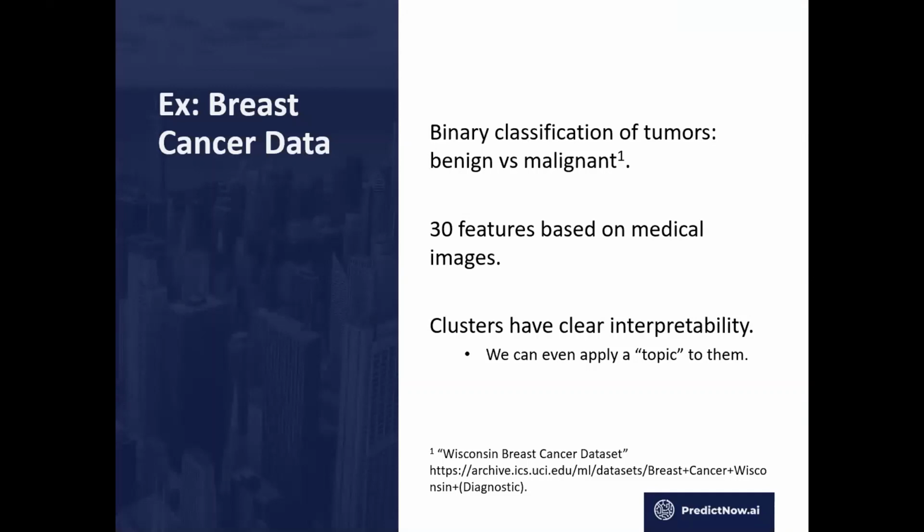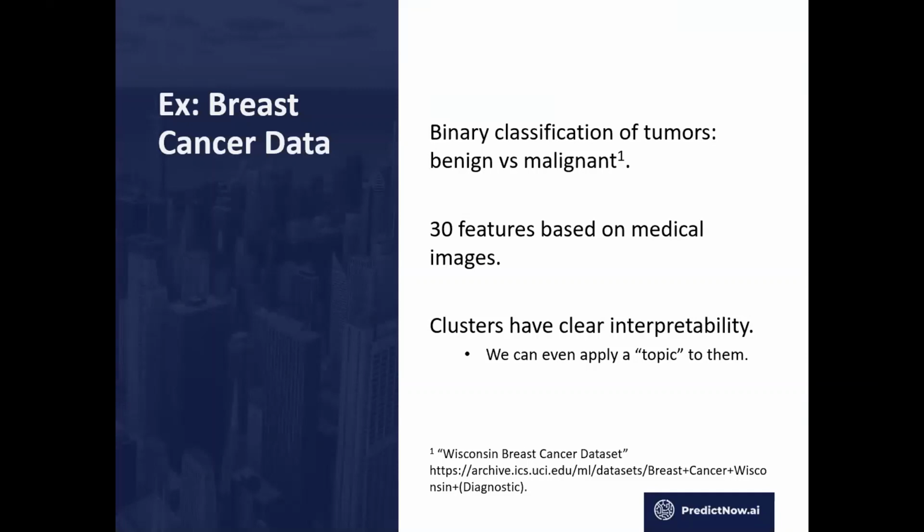This is called the Wisconsin breast cancer data set. It is famous in the machine learning literature. It's used as a benchmark for many comparisons of machine learning algorithms. We described this data set in our first paper, and you can also download this paper from the author's website.